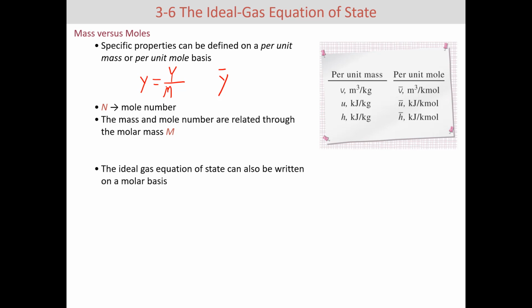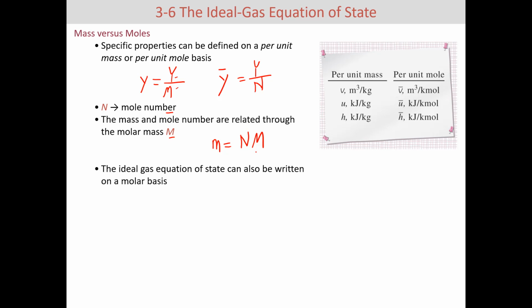Or I'm sorry, the mass fraction would be the mass of a compound divided by the total mass, or you would have the molar fraction, which would be the number of moles of one substance divided by the total number of moles. Again, where N is the mole number and M is molarity. Mass is equal to the number of moles times molarity.